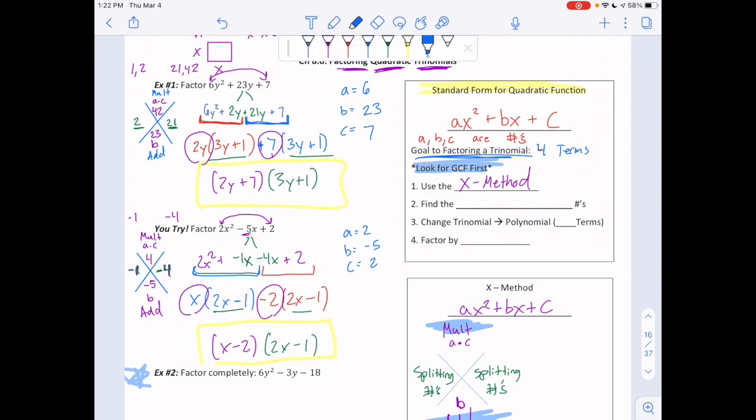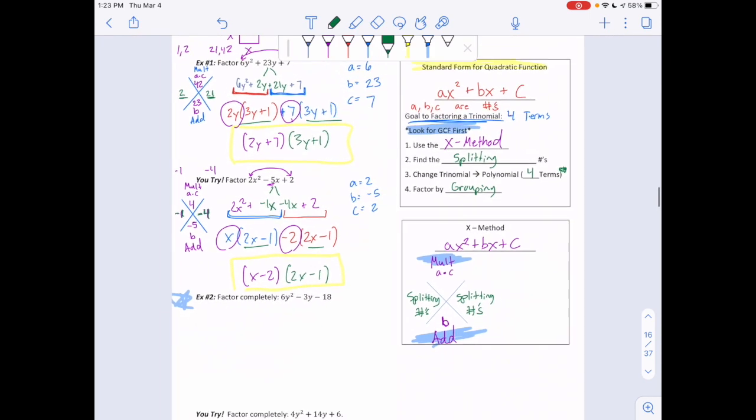So we'll talk about that in a bit. But after that, you use the x method. Then you'll find the splitting numbers. You change the trinomial into a polynomial, which is the 4 terms that we want. And then you can do your factor by grouping. Okay, so those are your steps there.